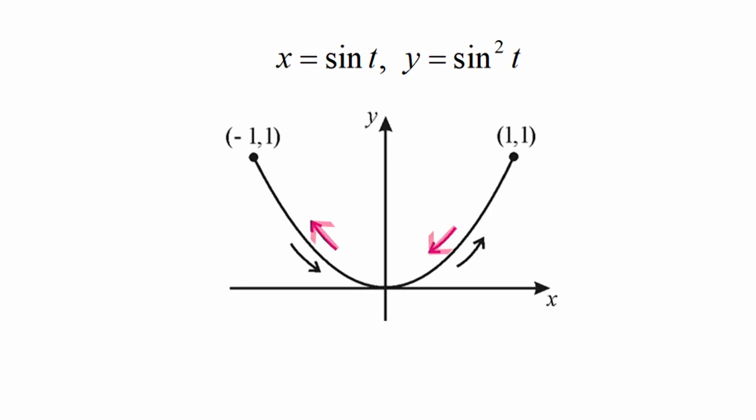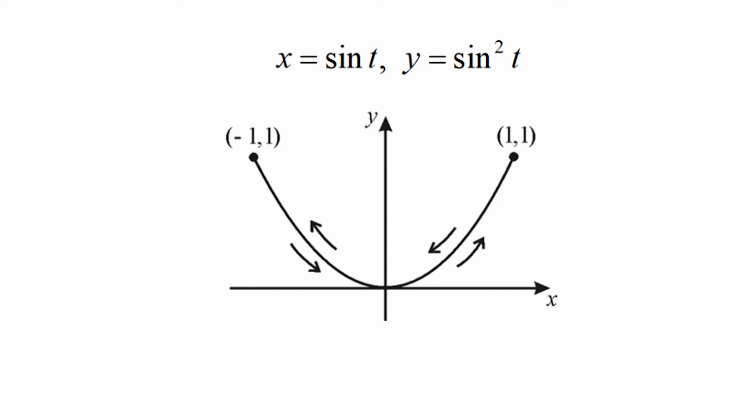However, since the sine function is periodic, the value of x = sin t varies periodically between -1 and 1. So, the point (x, y) moves periodically back and forth along the parabola between the points (-1, 1) and (1, 1).